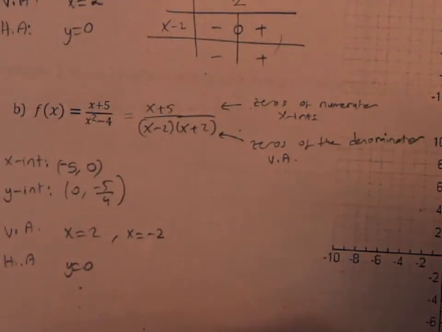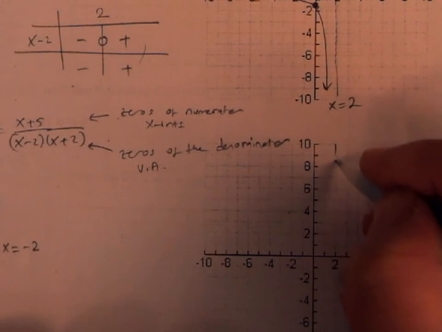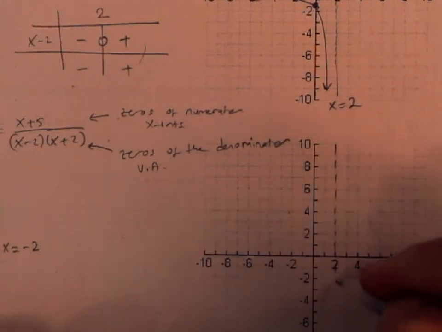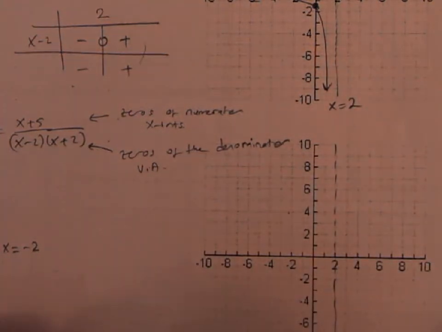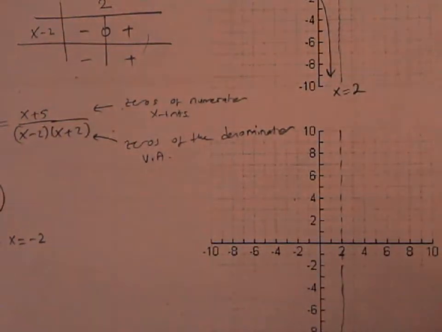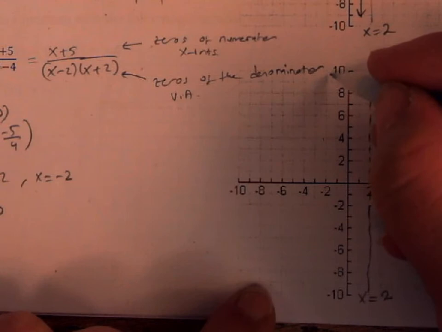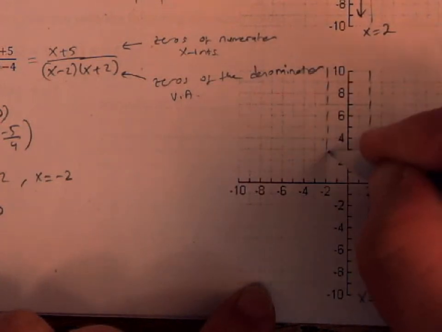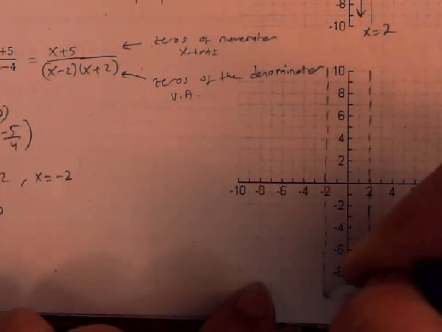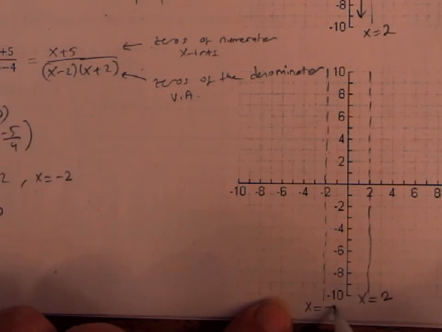Okay, so we have a vertical asymptote at 2, make sure you label. Another vertical asymptote at x equals negative 2.